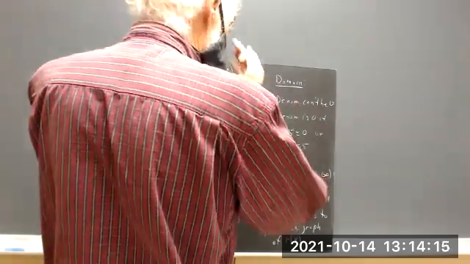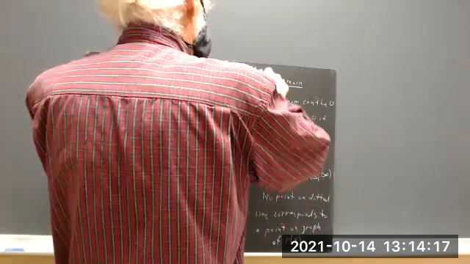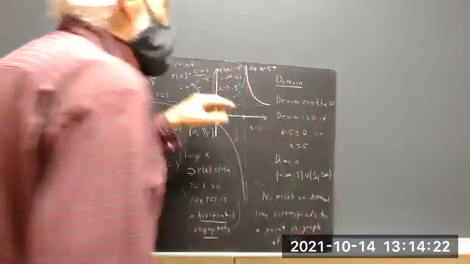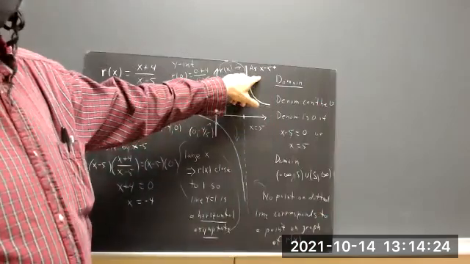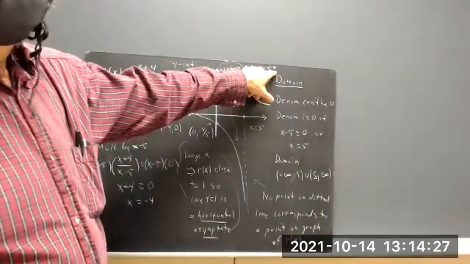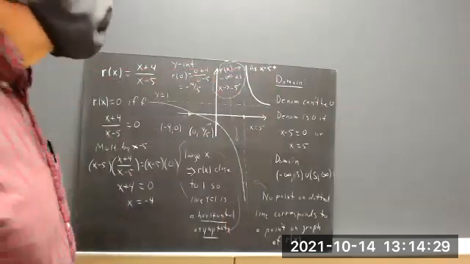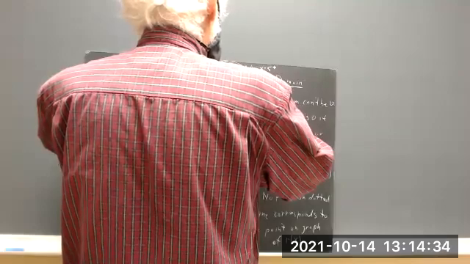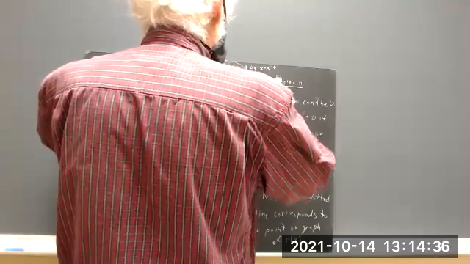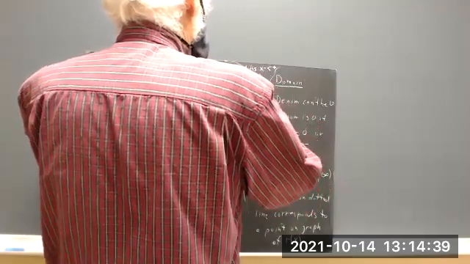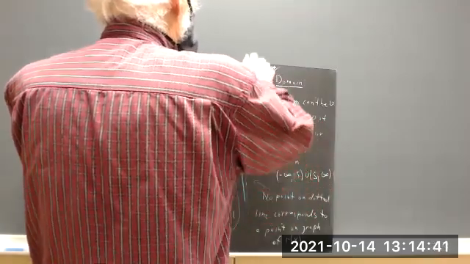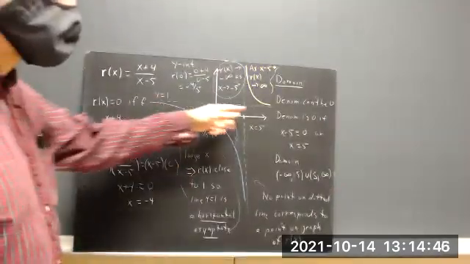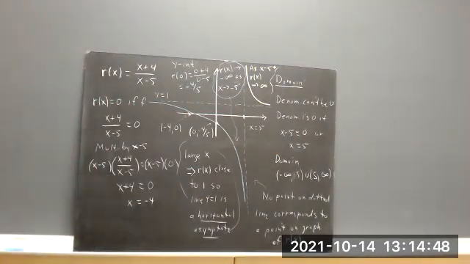As x approaches 5 from above, the positive side, r of x approaches infinity. So we get this. And then, of course, the line y equals 1 is a horizontal asymptote.